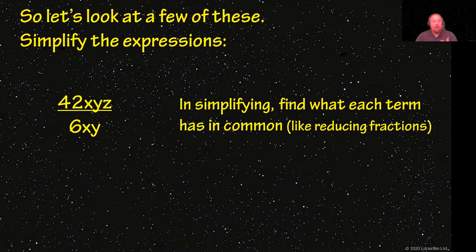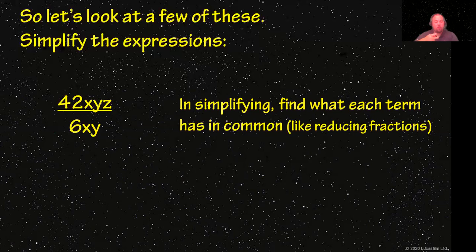42xyz over 6xy. So the first thing I'm going to do is find out what each one has in common. And I have a little note there in parentheses, just like reducing fractions. If we were reducing fractions, we would say, okay, what do they have in common? Again, this goes back to the very first lesson we did, and we talked about basic operations.